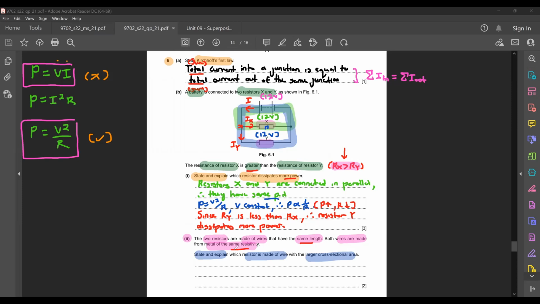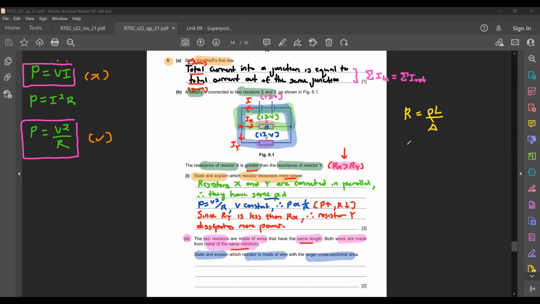Now, whenever you hear mention of length and resistivity in the question, the only equation that would actually relate to those quantities would be R equals rho L over A. Now, you look at the question, they say same length, same resistivity.